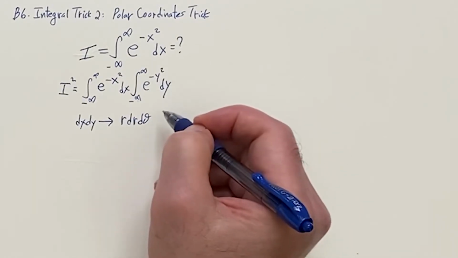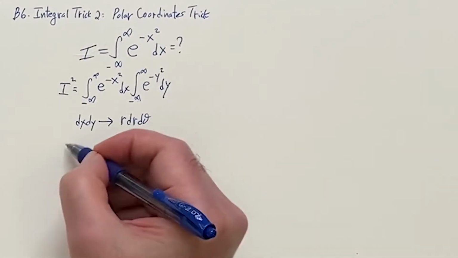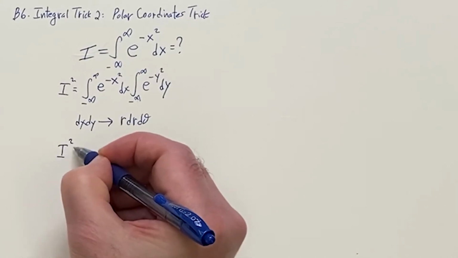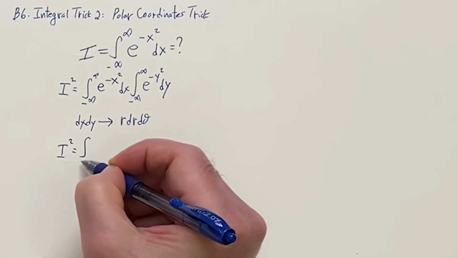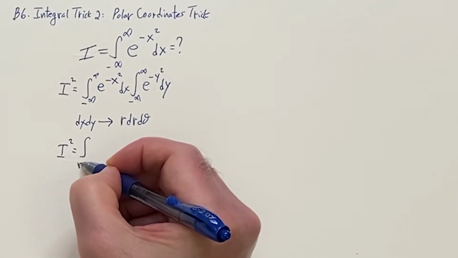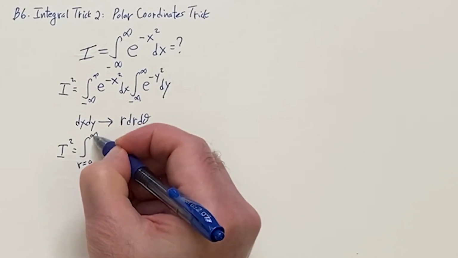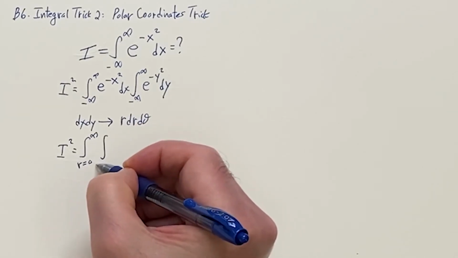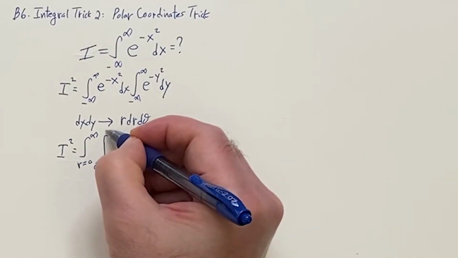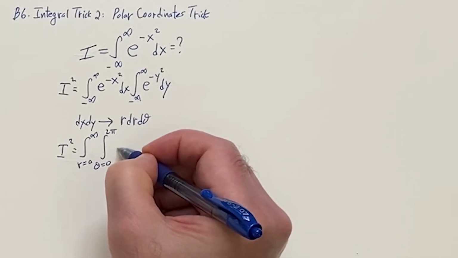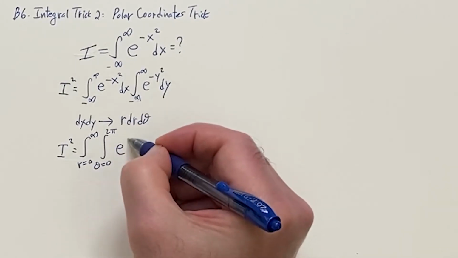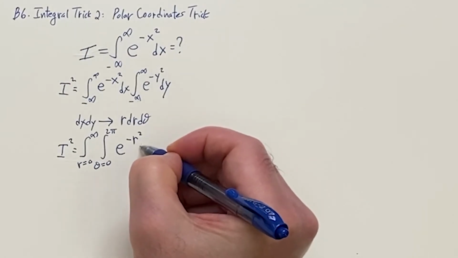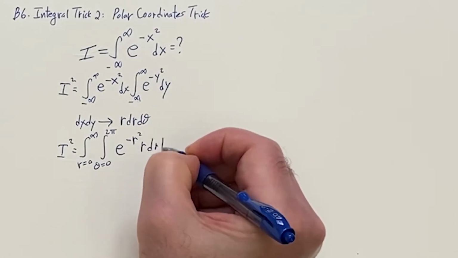And here, what we're going to do is a change of variables. So I squared is then, you're going to integrate from r equals 0 to infinity, and then your angle swings around 0 to 2 pi, and then you have e to the minus r squared, and then r dr d theta.